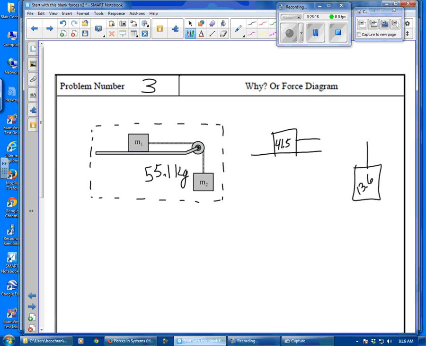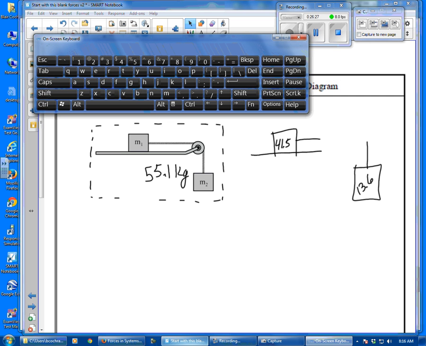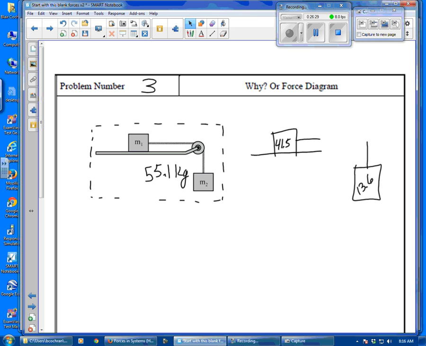So, I'd have a different color. Again, which direction is this going to accelerate in? Right, clockwise.